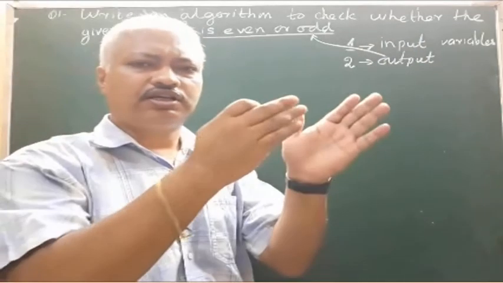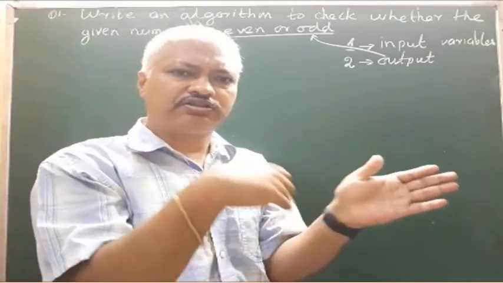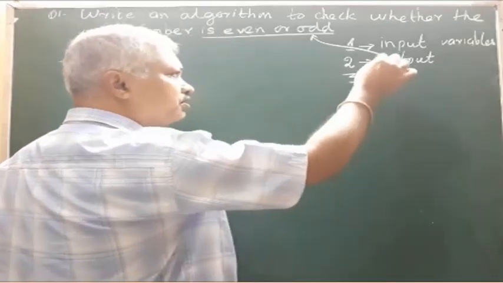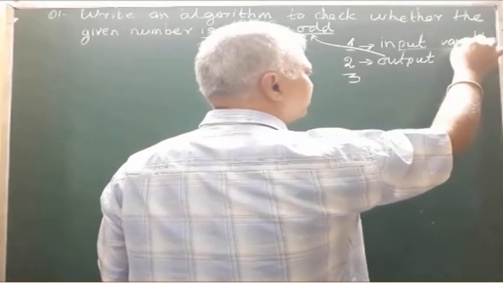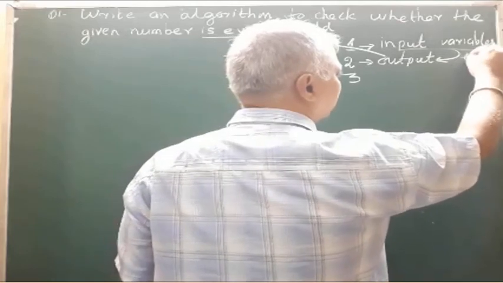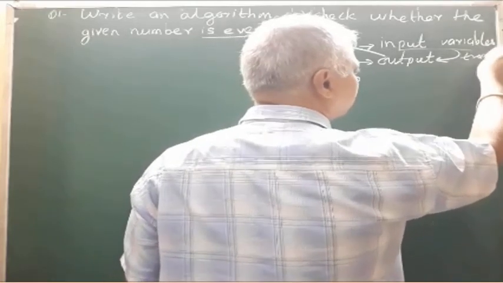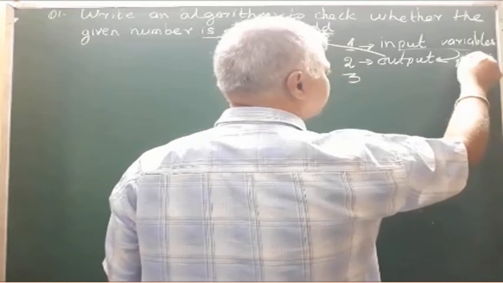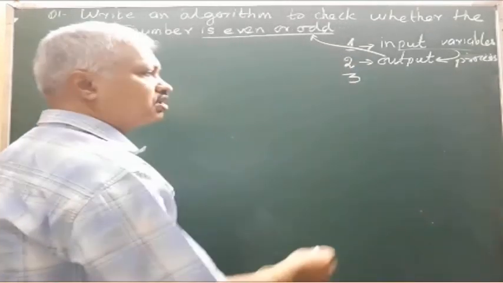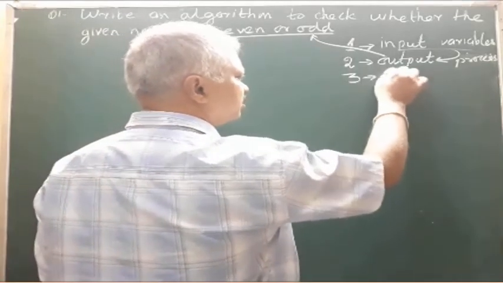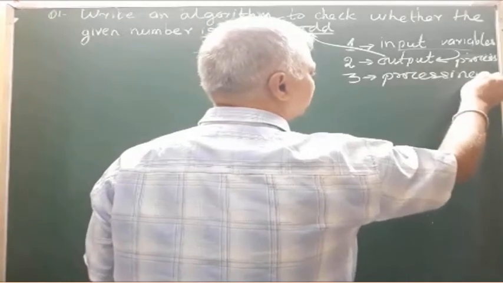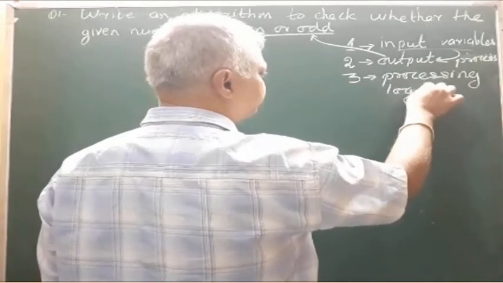Once we know the input and the output, we have to find how to convert this input by some particular means into output, that is, how to translate or process it. So the third and most important step is the processing logic.